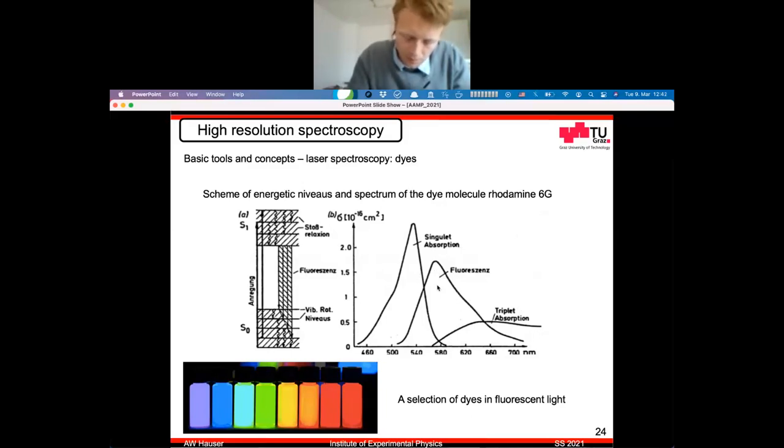One thing that you see is that the absorption spectrum is at the lower wavelength, so it is at higher energy, and fluorescence is at a slightly lower energy, which can be explained with some basic concepts of molecular physics.